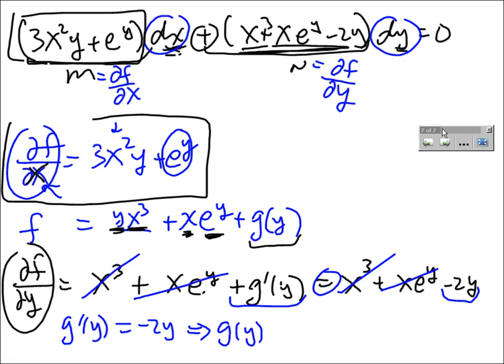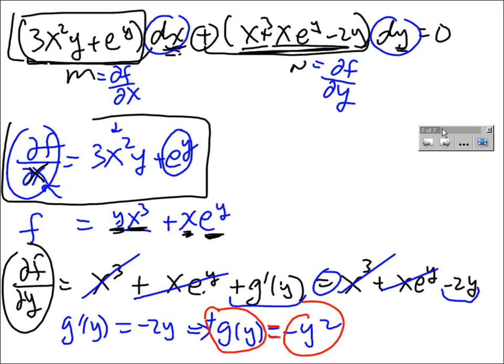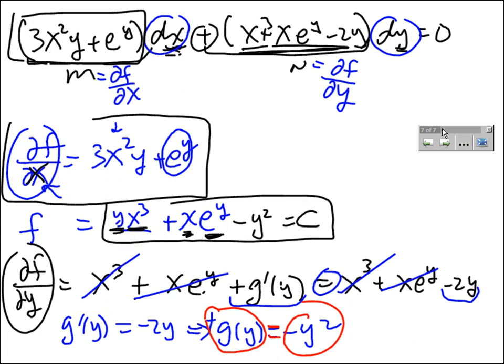Integrating, we get g of y is negative y squared. These two horizontal lines mean wherever I see plus g of y, I can put negative y squared. Okay, plus g of y is gone. What comes in? Minus y squared equals a constant. Here is your solution. And yes, absolutely, you should write that underneath. Obviously, I ran out of room.